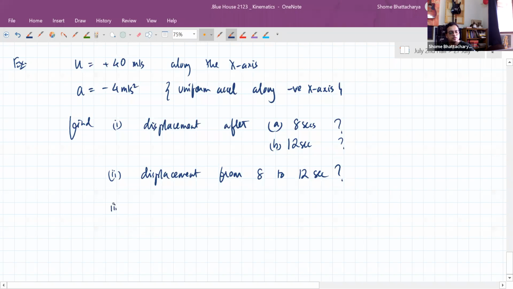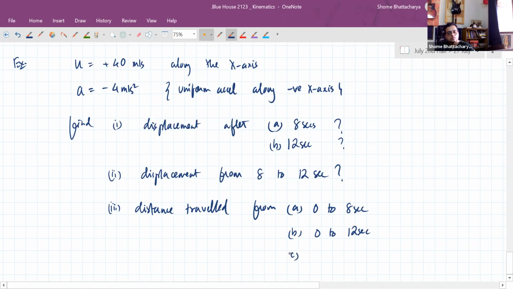We also have to find the distance traveled from 0 to 8 seconds, 0 to 12 seconds, and 8 to 12 seconds.